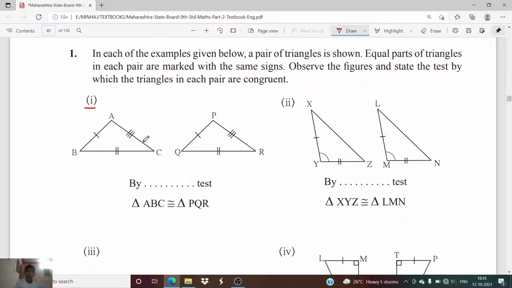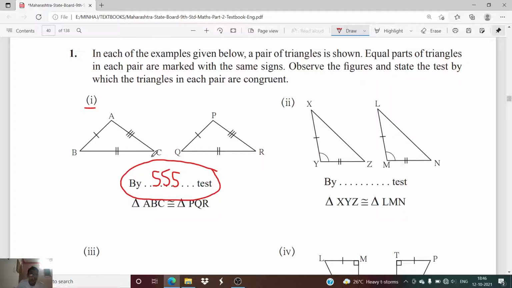That shows us that these two triangles are congruent to each other. So we can write triangle ABC is congruent to triangle PQR, but they are congruent by side, side, side test.